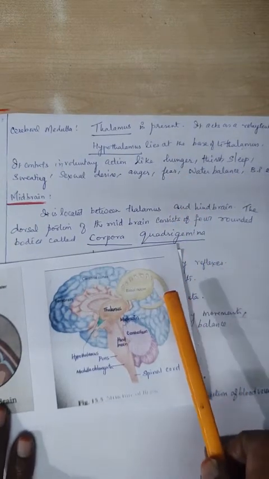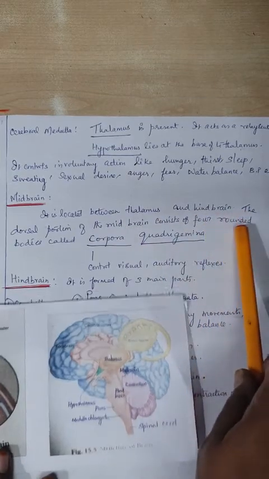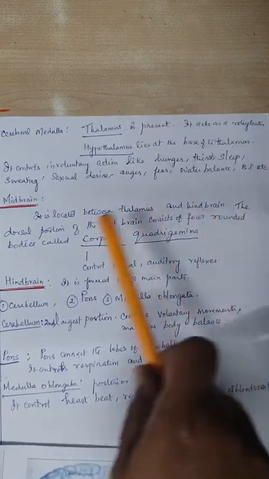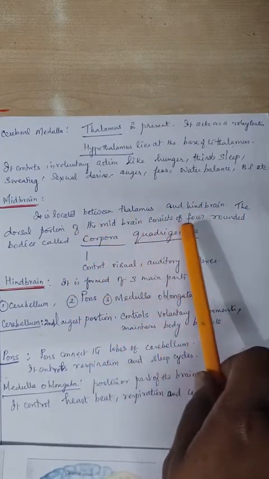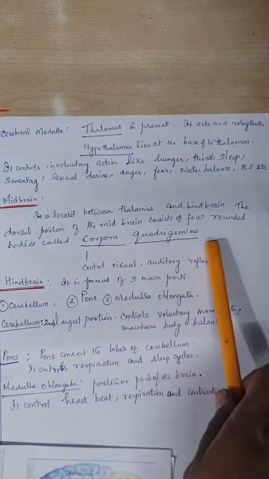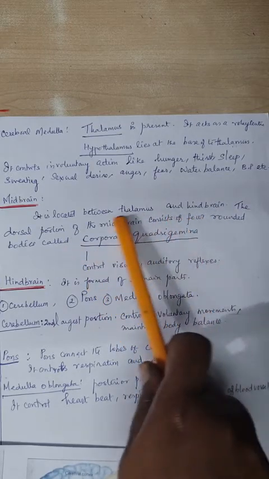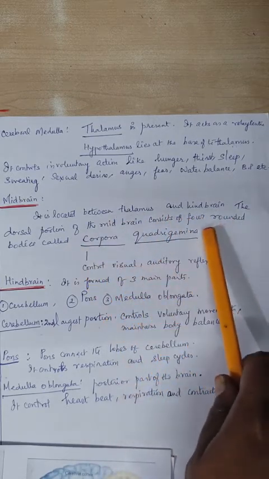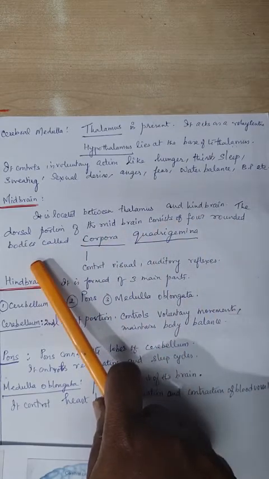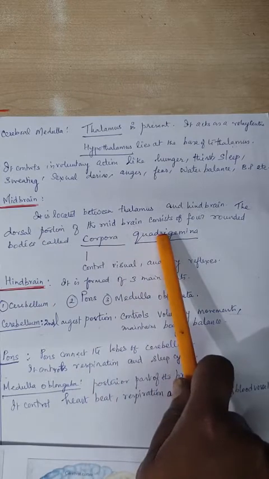Next we are going to see the midbrain. It is located between thalamus and hindbrain. The dorsal portion of the midbrain consists of 4 rounded bodies called corpora quadrigemina. The word is difficult to pronounce, but you can understand it as 4 rounded bodies present in the dorsal portion of the midbrain.